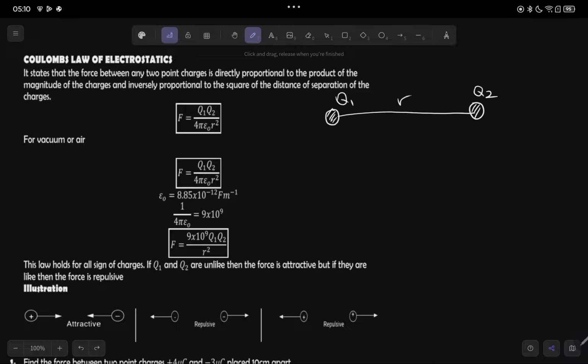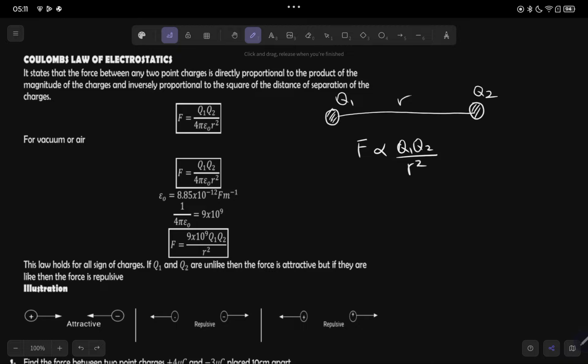Now we are interested in the magnitude of this force. This force will be directly proportional to the product of these charges and inversely proportional to the square of their distance of separation.